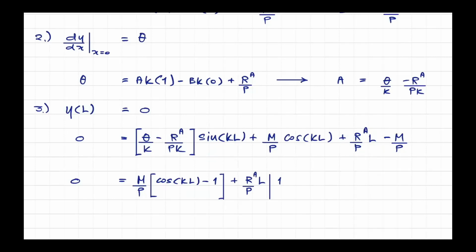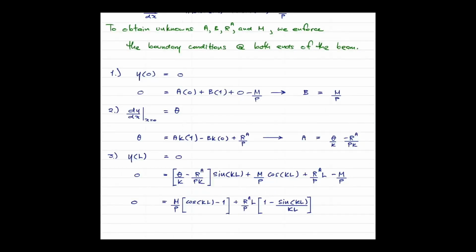So 1 minus, this is RA over P. We pull the L out, then we get the sine KL over KL. So what else? Done, and done.